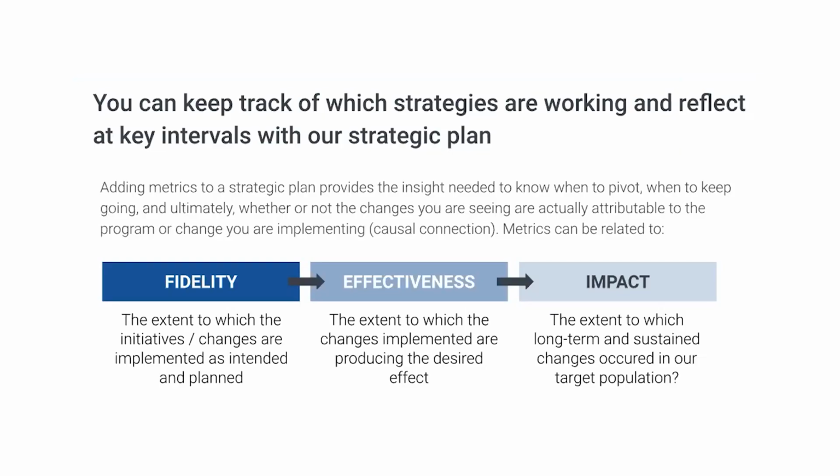And finally, this idea of impact, thinking long-term over the course of 5 years: the extent to which long-term and sustained changes occurred in the target population or based on the specific initiative.